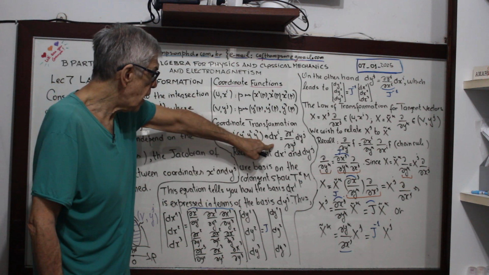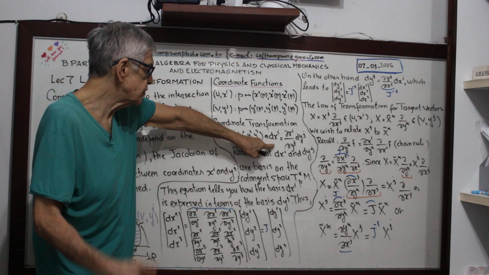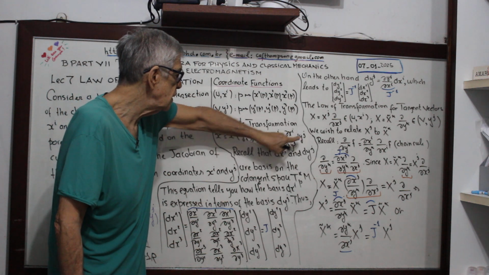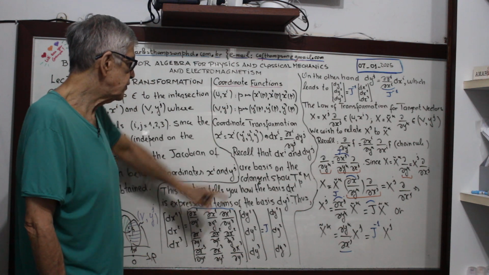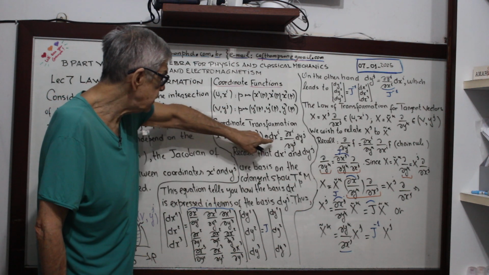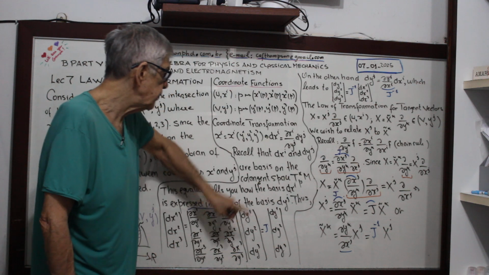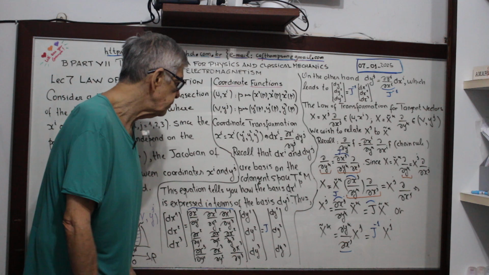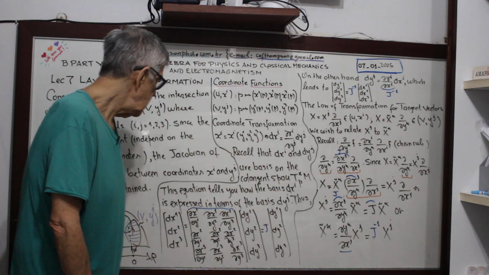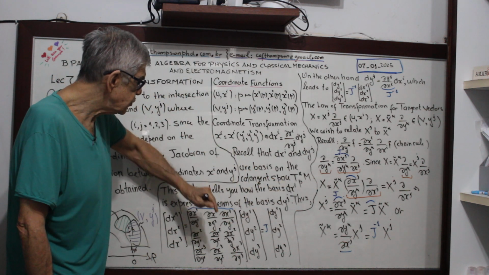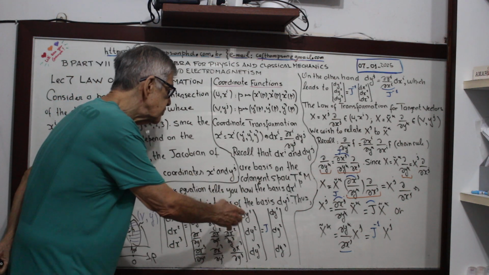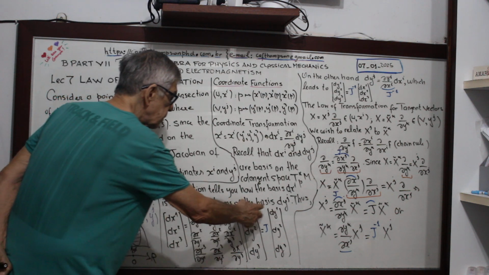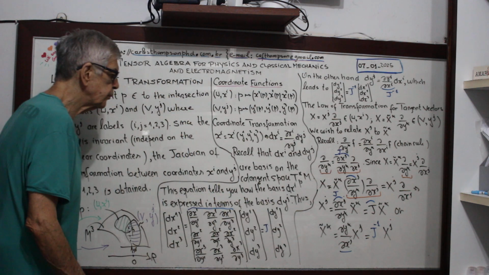Now, dx^i, from calculus, is the partial derivative of x^i with respect to y^j, dy^j. Now recall that dx^i and dy^j in this case are bases of the cotangent space T*M. This equation will tell you how the basis dx^i is expressed in terms of the basis dy^j.